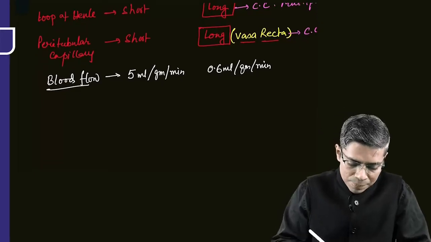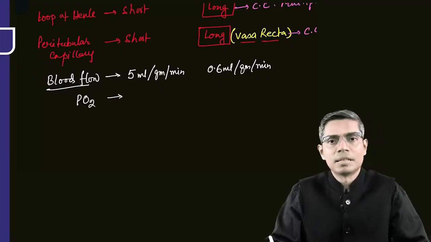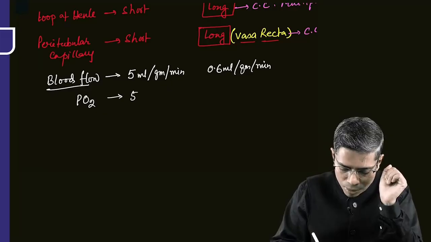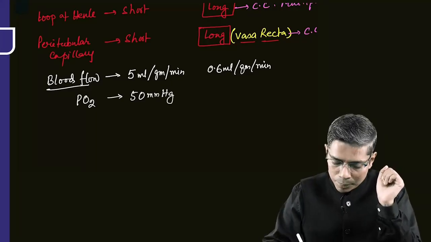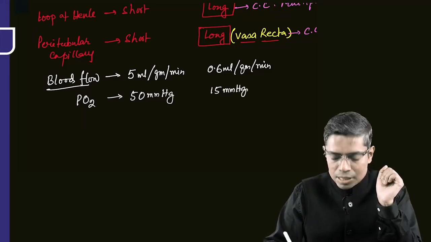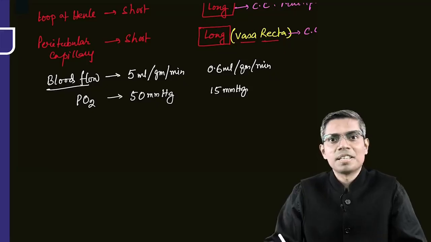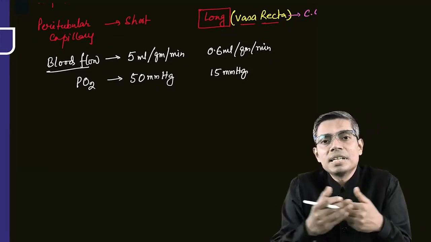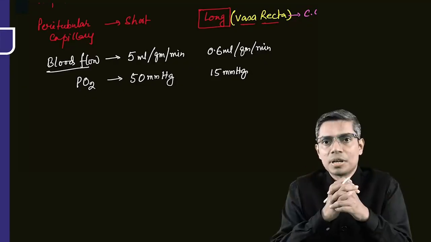Not only that, if you look at the partial pressure of oxygen in the blood flowing at the level of cortical nephron, the partial pressure of oxygen is 50 millimeter of mercury, and at the level of juxtamedullary nephron it is only 15 millimeter of mercury. Not only that, the cortical nephrons are highly metabolically active because they are excreting metabolites from your body, right?